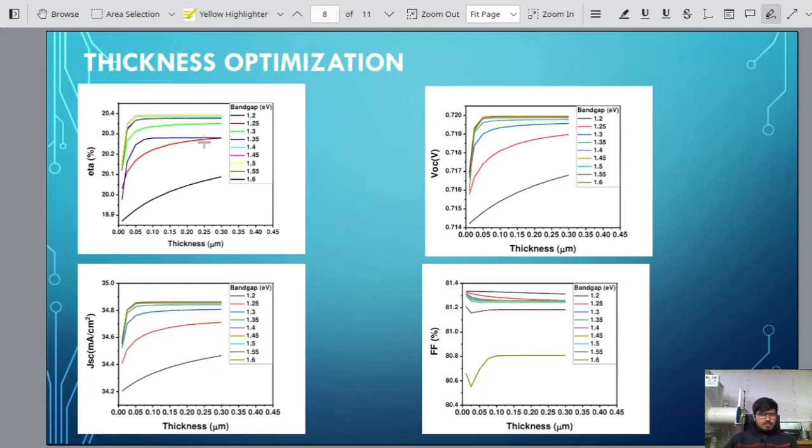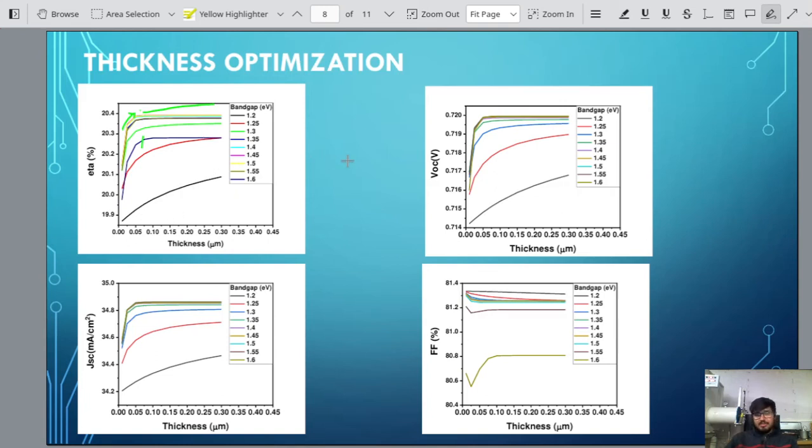Now this graph gives insight into thickness optimization for the CIGS solar cells. As we increase the thickness of the MoSe2 layer from 10 nanometers to say 75 or 100 nanometers, the efficiency starts to increase, and then above 100 nanometers the efficiency is constant and does not show any drastic change.